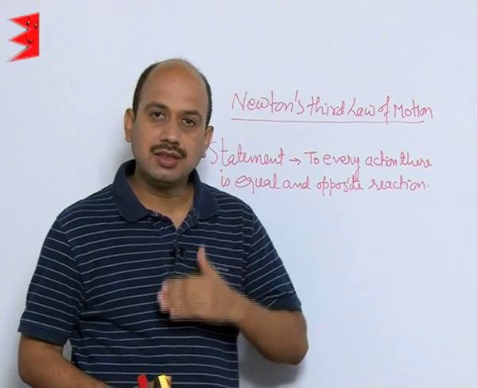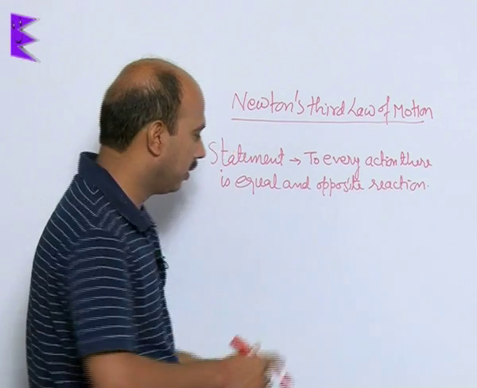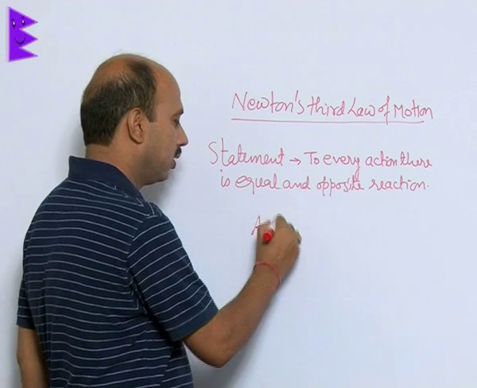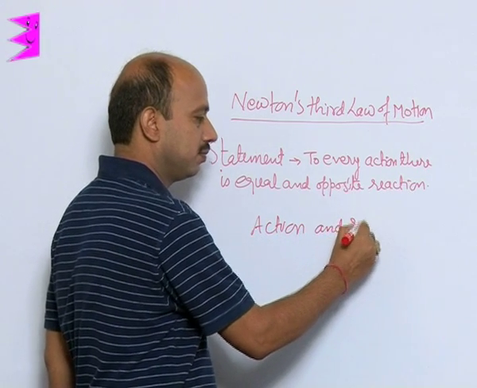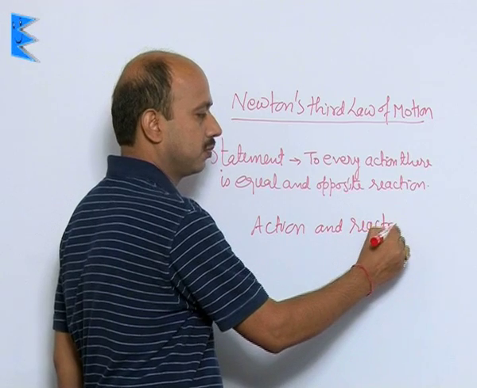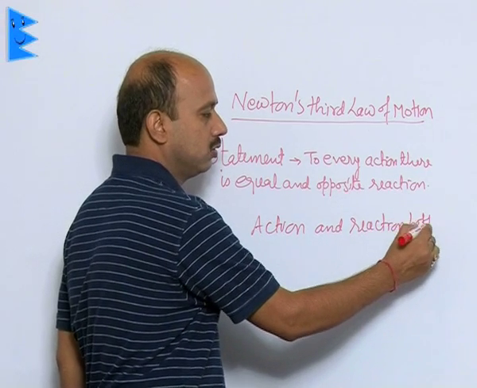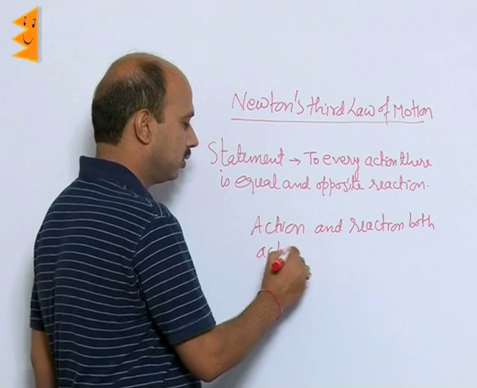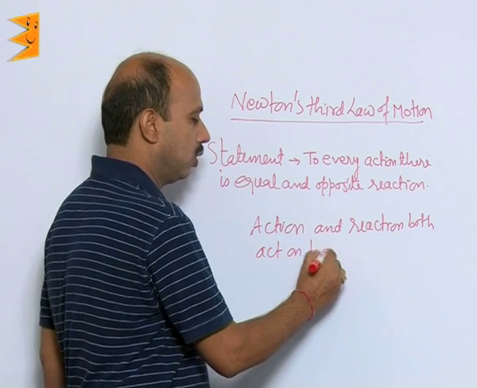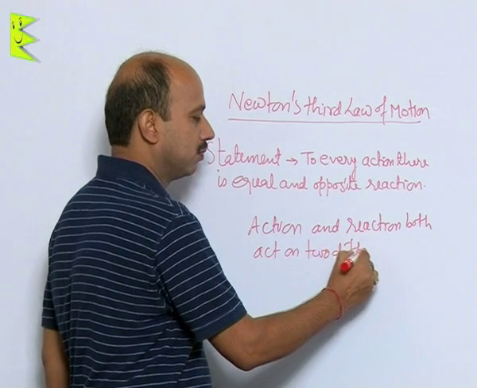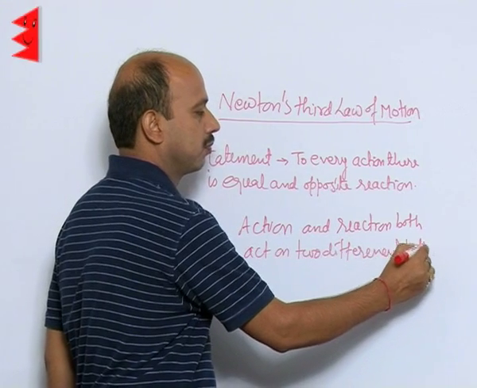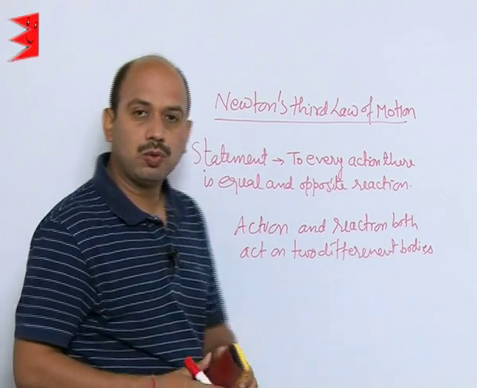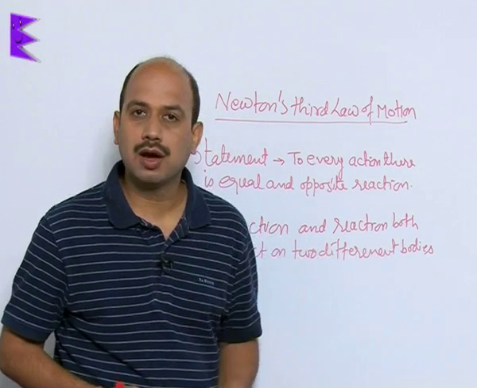But see here, this action and reaction pair, action and reaction both act on two different bodies. As I have told, as you apply force on the ground, that is action.